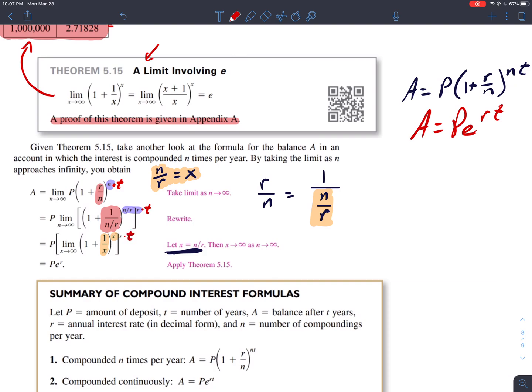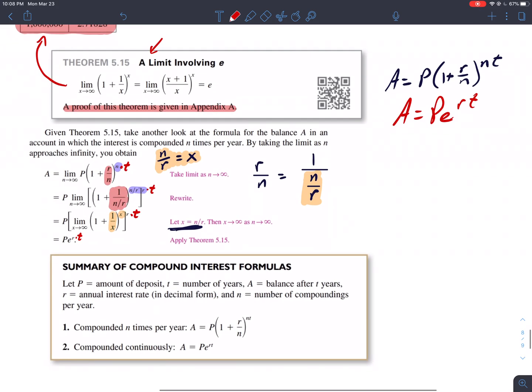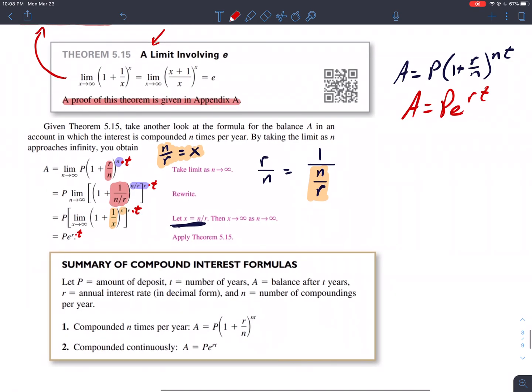And you can see that we end up with officially P times e to the rt. All right. So there you have it. The compound interest formula, if the number of compounding periods approaches infinity, is technically going to turn into base e.